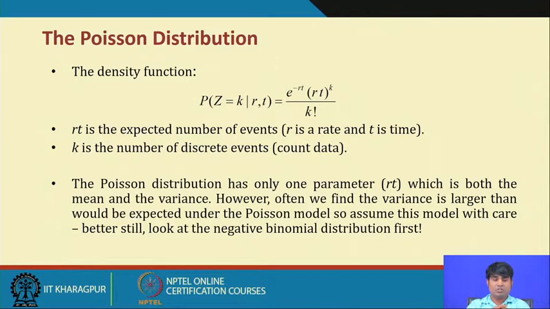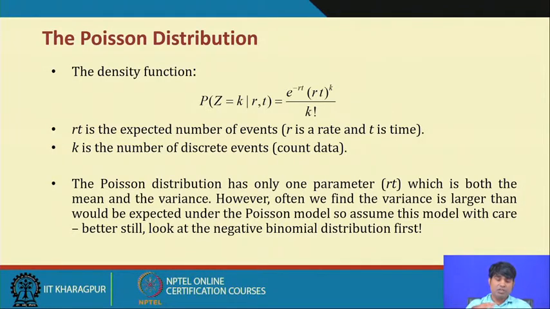One such model follows the Poisson distribution, and the density function for the Poisson distribution is like this: e to the power minus lambda, lambda to the power k, divided by k factorial. That is the exact flow.